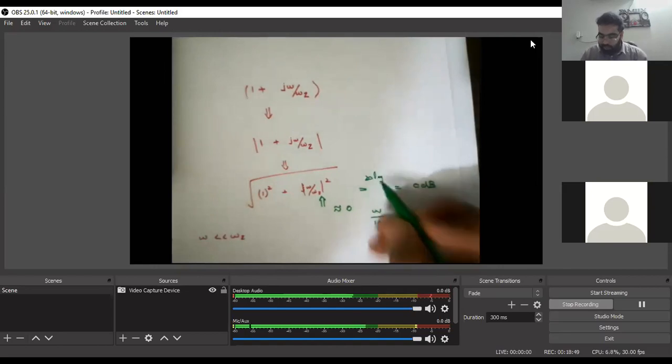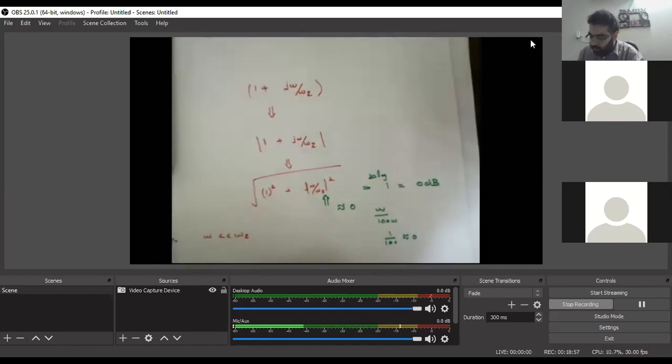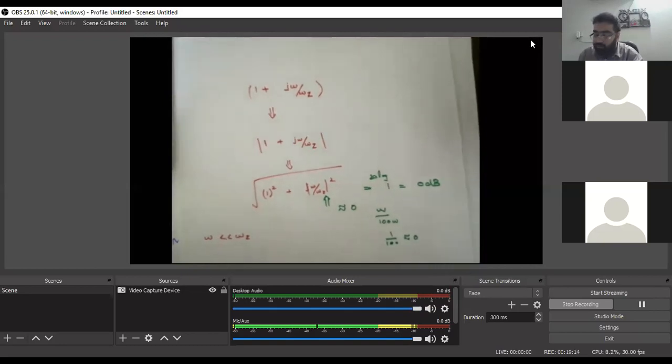Yes. Okay. Similarly, for the other scenario, when omega is greater than omega z, we again have 1 plus omega by omega z. Again, putting that terminology which we were just using. Now this time this factor is a bigger value. We cannot get rid of it, but we can get rid of 1 because this is a bigger value.